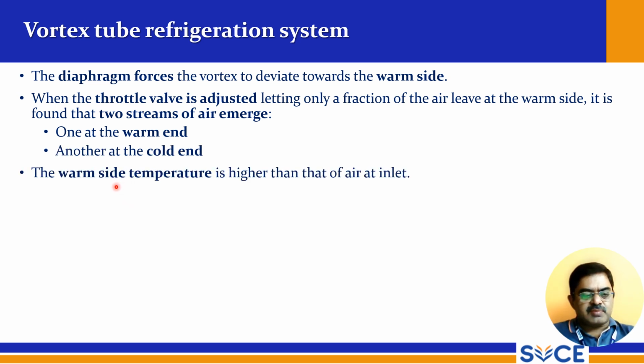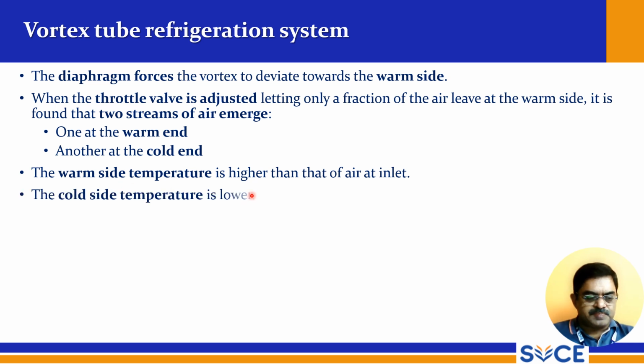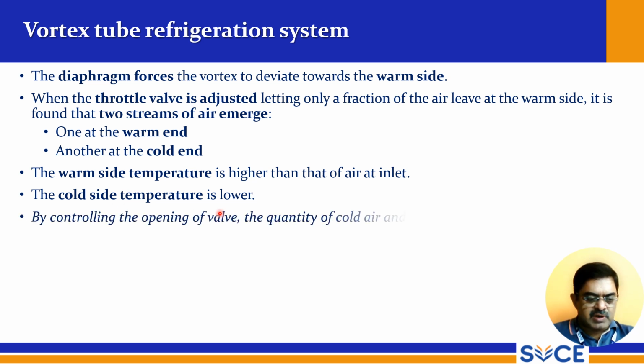The warm side temperature is higher than that of air at inlet, and the cold side temperature is lower. By controlling the opening of the valve, the quantity of cold air and its temperature can be varied.